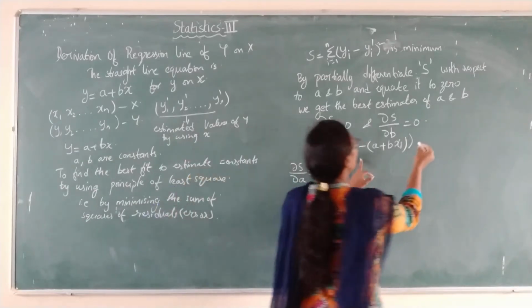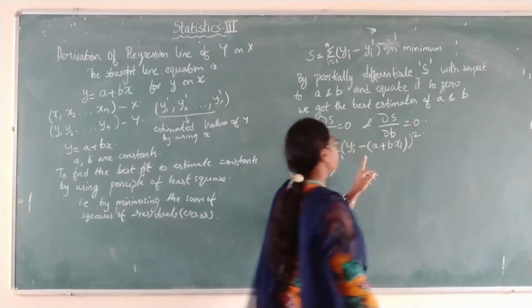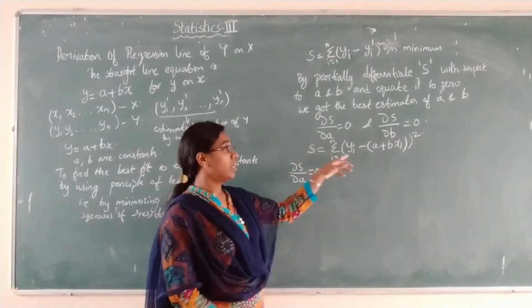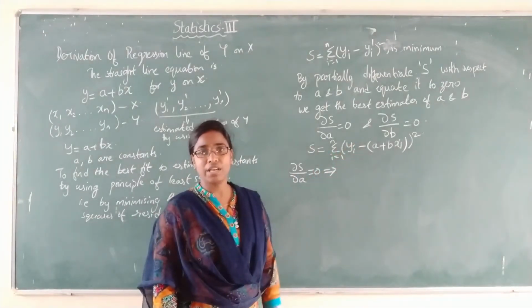The sum of squares, right? It is a square. So now partially differentiating with respect to a, it is in the form of x square, so differentiation.